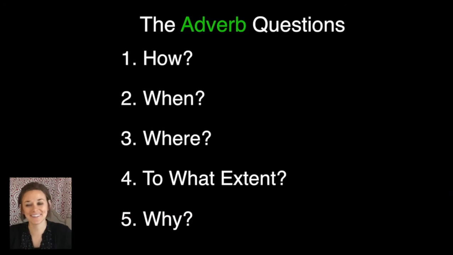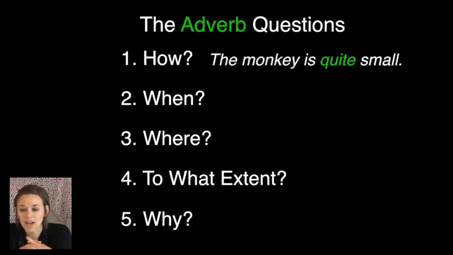Let's start with how. How is an adverb question. And let's look at that example, quite small. Quite is telling us more about the adjective small. That small is an adjective. That must mean it's telling us about a noun or a pronoun. And I have a little guy right here to help us with this question or with this example. You might not be able to see him. He's about the size of an almond. He is a monkey.